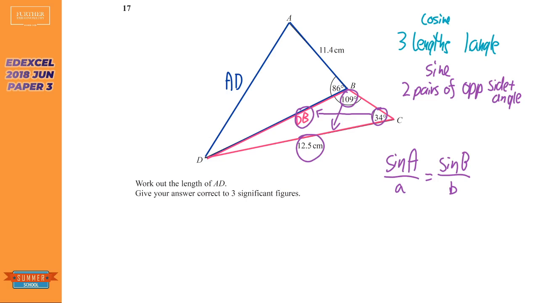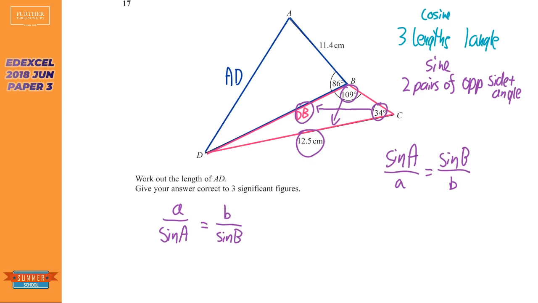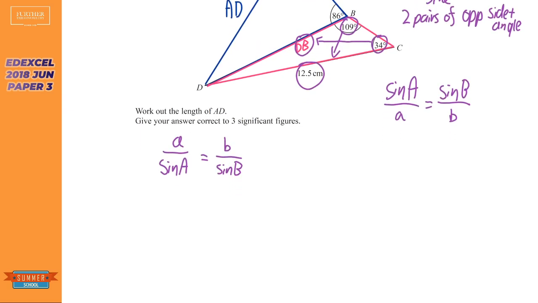But here the length is unknown, so what we're going to do is just flip it. It just means that it's a bit easier to work out, because you have the unknown value at the top of the fraction rather than at the bottom. So what we're going to do here is substitute in the values.